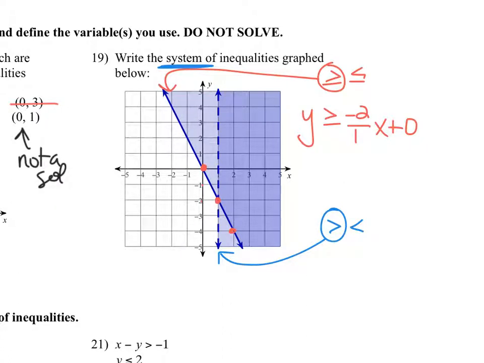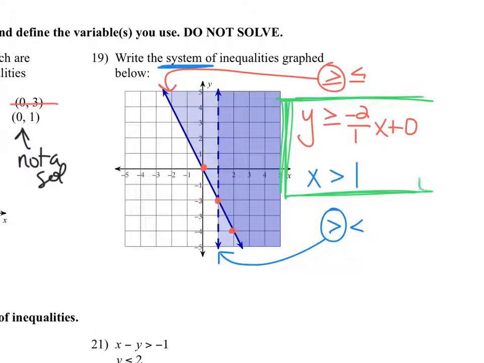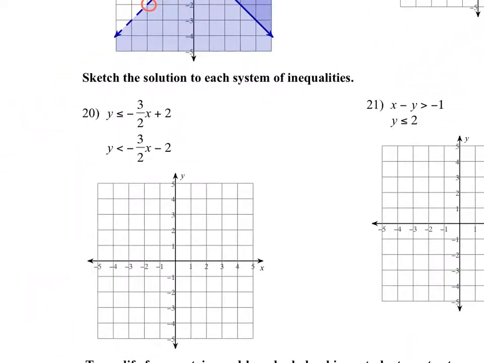This is a completely vertical line, which means it's an x line, and it's crossing through 1. So this is going to be x is greater than 1. So your answer to this question is this set of these two inequalities. Okay, let's look at question 20.